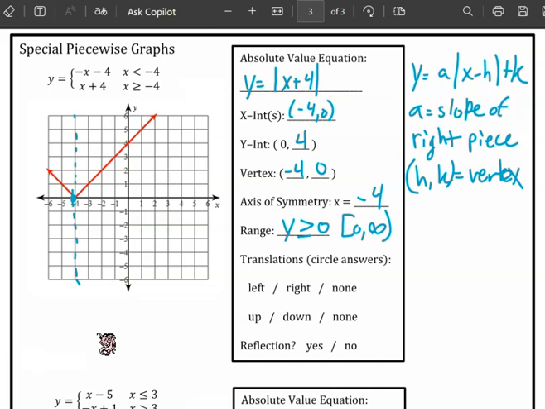The translations from y equals absolute value of x would be left and neither up nor down, and there's no reflection. If it did have a reflection, the shape would be an upside down V instead.